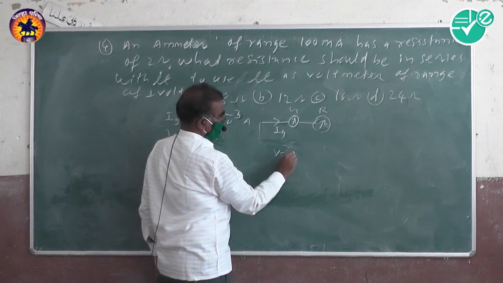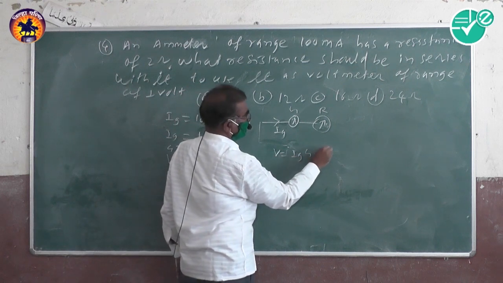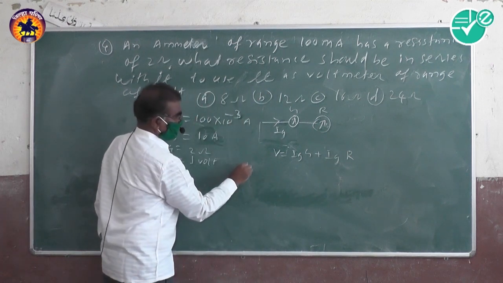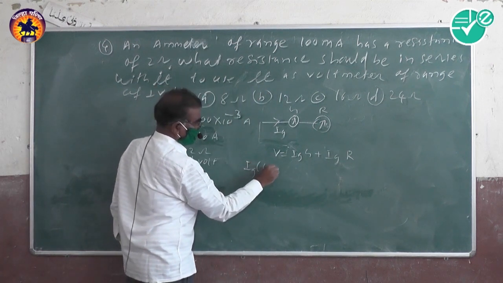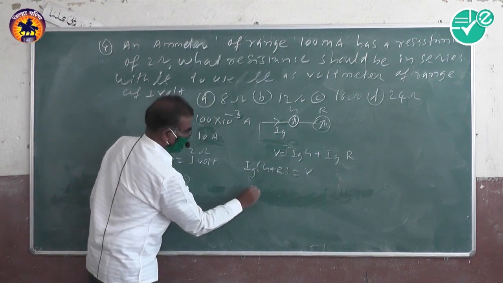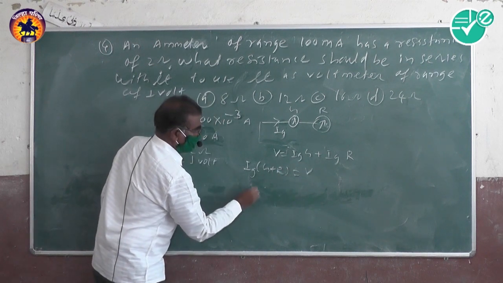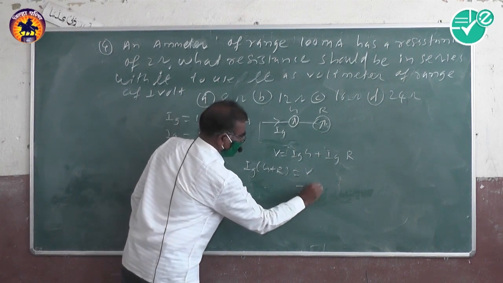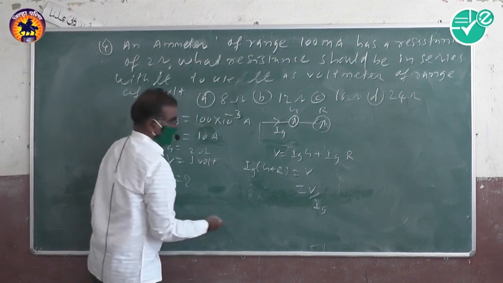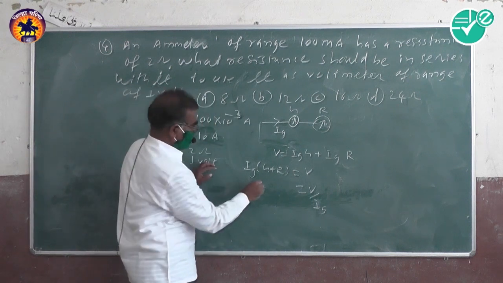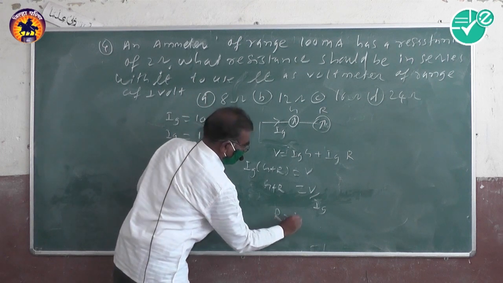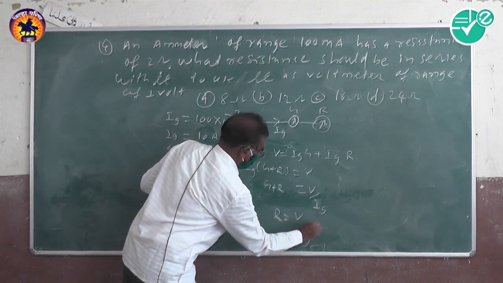V equal to Ig into G plus Ig into R, or Ig in bracket G plus R. V equal to V, so Ig into (G plus R) equals V, G plus R equal to V by Ig, or R equal to V by Ig minus G.